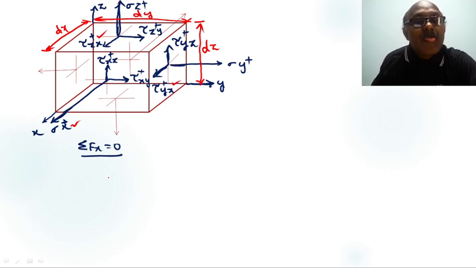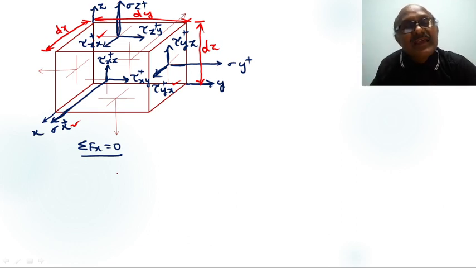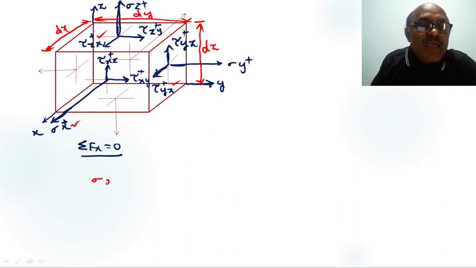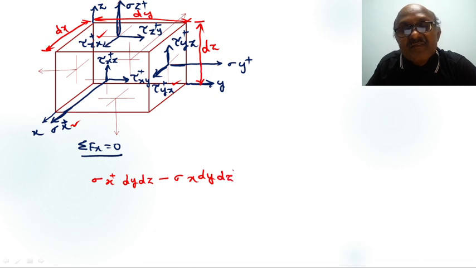Now the net force acting in x-axis direction is equal to sigma x plus, on this face, what is the area of this face? dy into dz, minus sigma x on the negative face into dy dz.